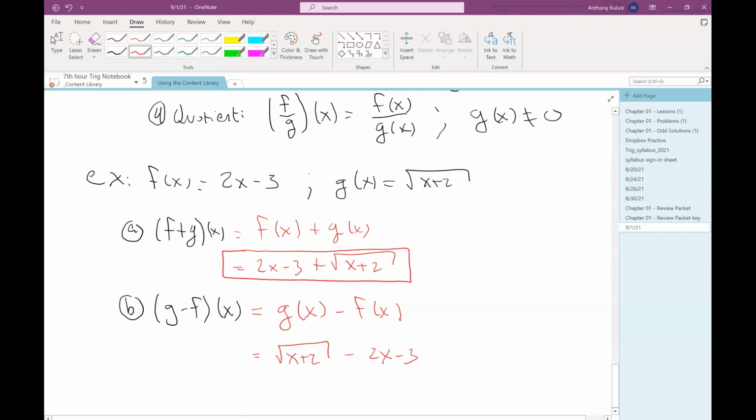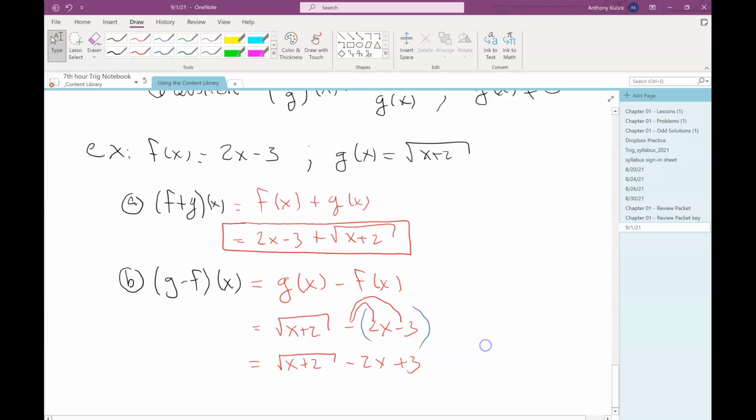Well, hold on. If we look at the line above, it says g of x minus f of x, right? That negative is applied to the entire f of x. So I have to make sure that I'm distributing that negative through. So it really should be the square root of x plus 2 minus (2x minus 3). And again, just like the previous problem, there's nothing to simplify past that.